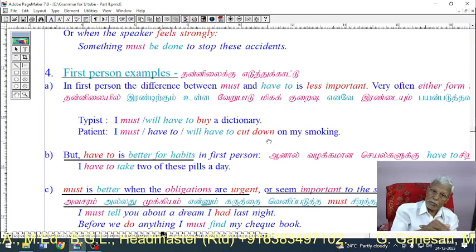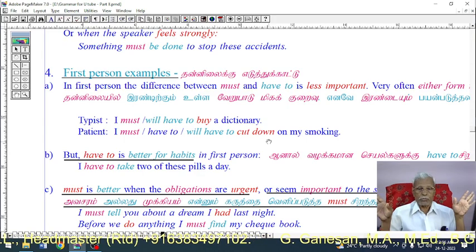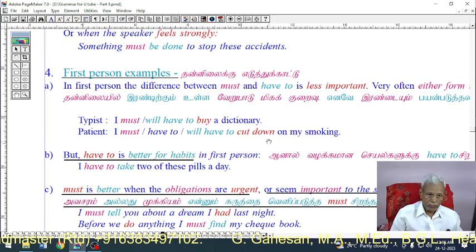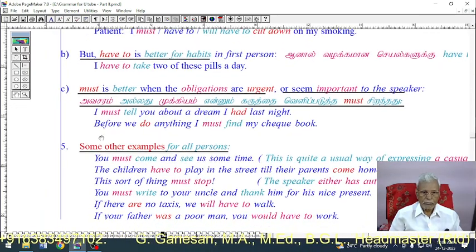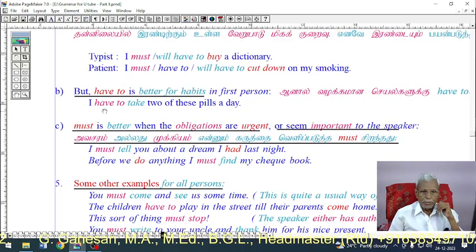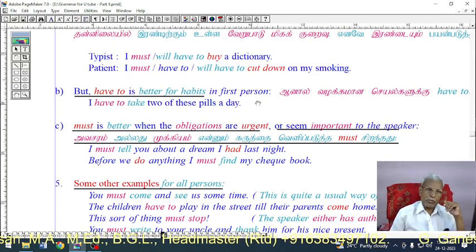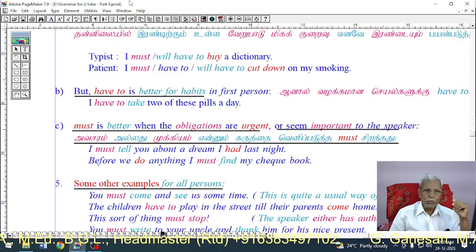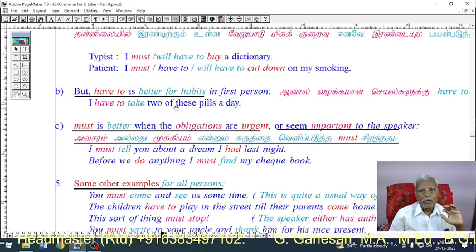But in the first person, we can use both must and have to freely for I and we.